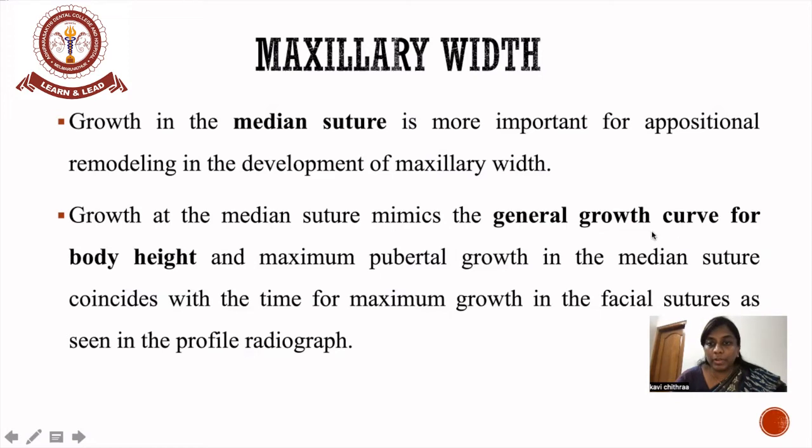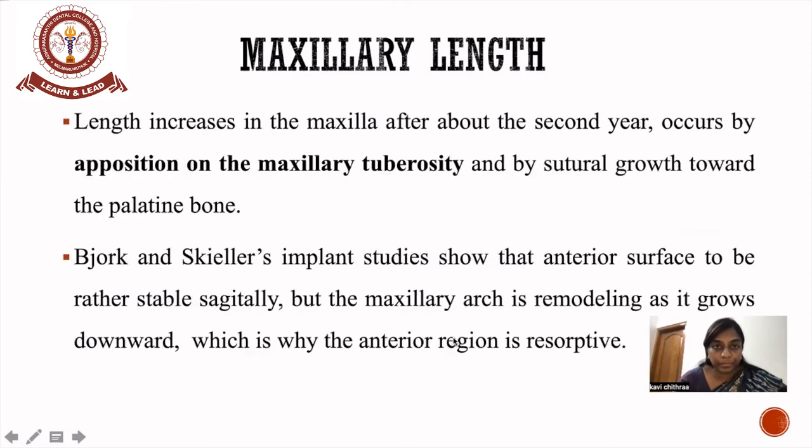You must have all read about Scammon's growth curve, where there are 4 types of growth curves. The maxilla follows the general growth curve for the body height, and maximum pubertal growth in the median suture coincides with the time for maximum growth in facial sutures as seen in the radiograph.